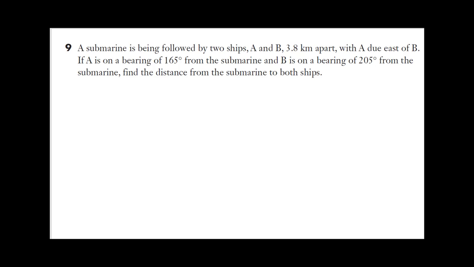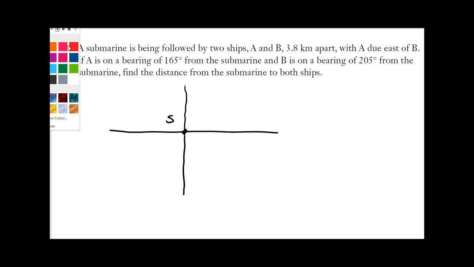Okay, so let's draw up a north-south-east-west grid again, and let's assume that the submarine is at the origin. Okay, get my trusty red pen out. A and B are due east, so they will be on a horizontal line here.